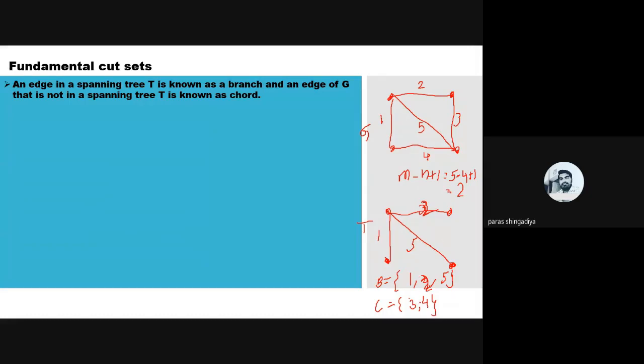Okay, so 1, 2, 5 are the branches, and 3 and 4 are the chords. That is the topic of spanning tree.